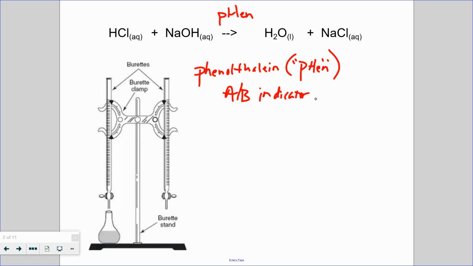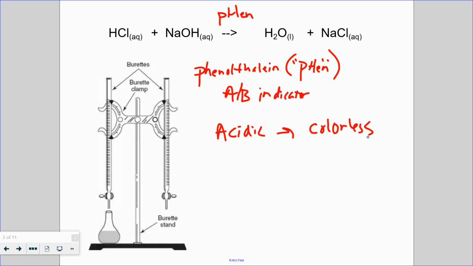Acid-base indicators, you guys, change colors when the solution moves from an acidic solution to a basic solution. So phenolphthalein has the following color profile. When the solution is acidic, phenolphthalein will be colorless. You might say clear, you might say transparent, right?